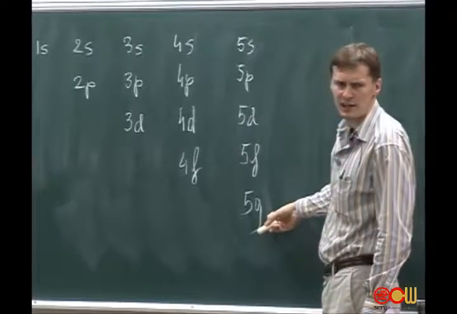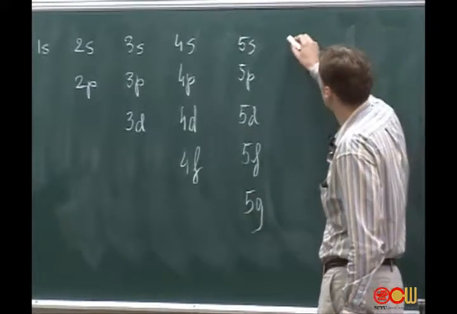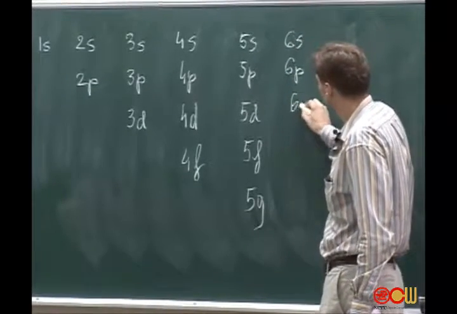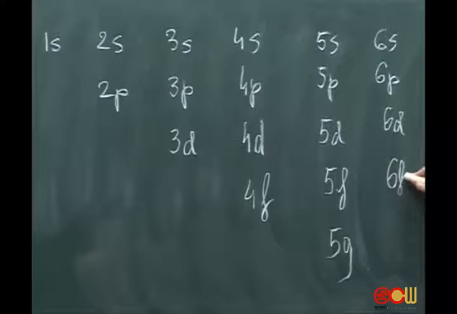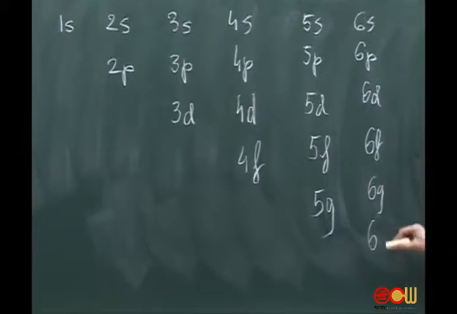Nobody's seen g electrons, but still we know that this is good solution, so we'll write it down. 6s, 6p, 6d, 6f, 6g, 6h.